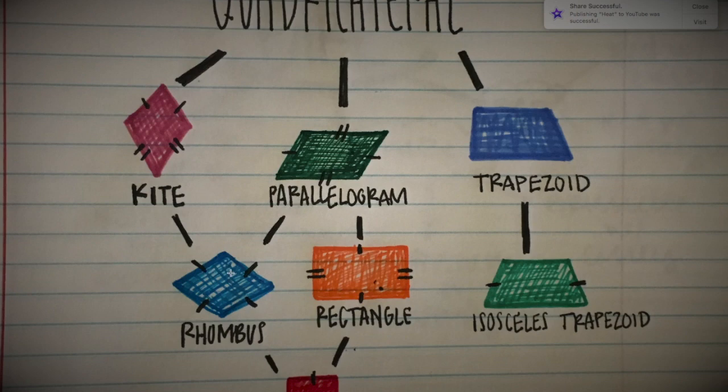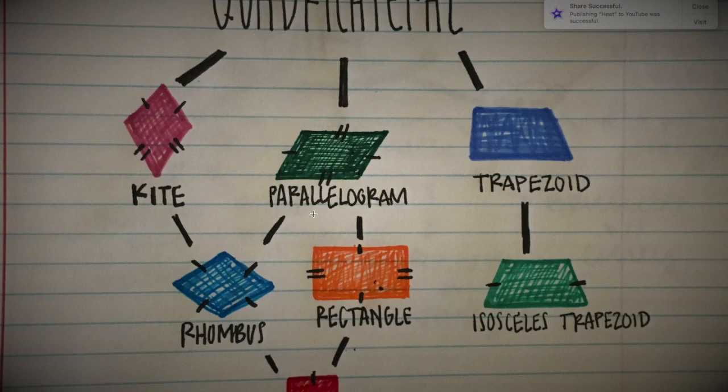It also meets the classifications of being a kite, because it has two pairs of two sides that are adjacent or next to one another. So these that meet at this corner, these that meet at this corner, they are equal to one another. Okay, so we are able to see that it meets the qualifications for a kite.